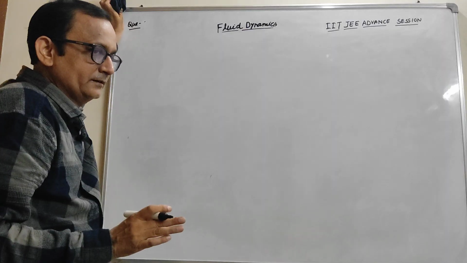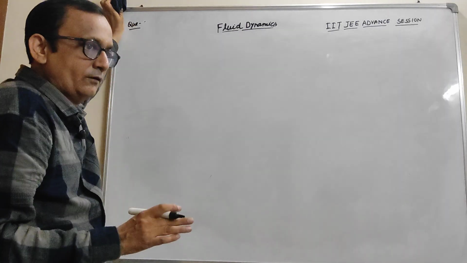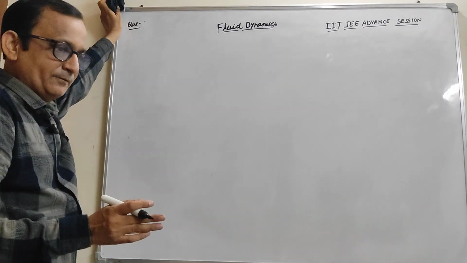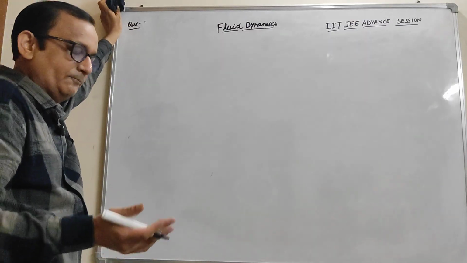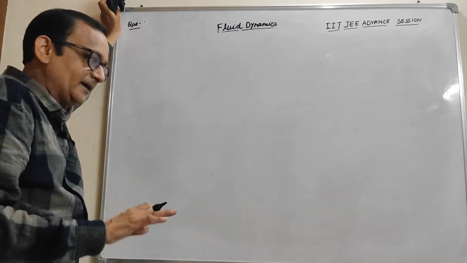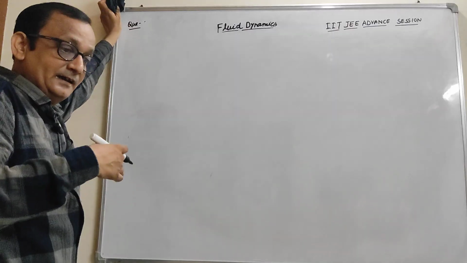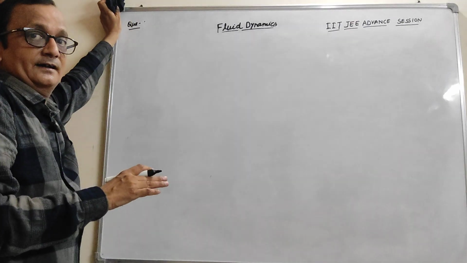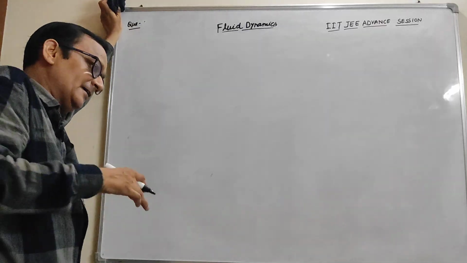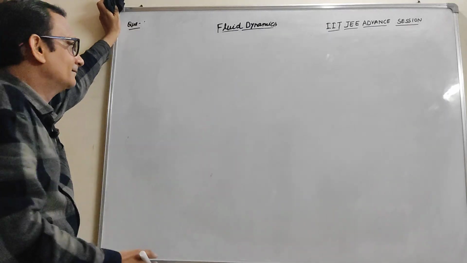Because atmospheric pressure is added, the gauge shows only the pressure difference. In open atmosphere the pressure gauge shows the reading 0, and in vacuum this shows the reading negative. So understand the term absolute pressure: gauge pressure plus atmospheric pressure would be absolute pressure.